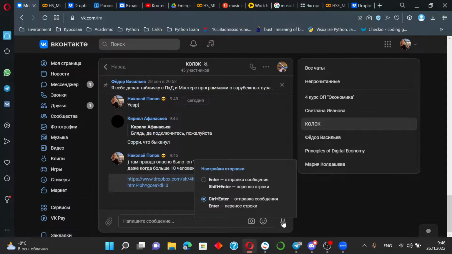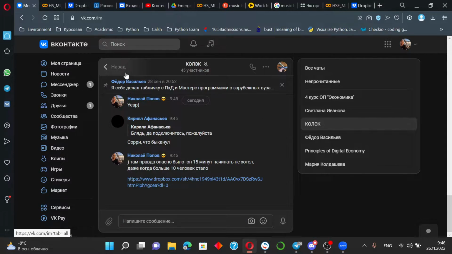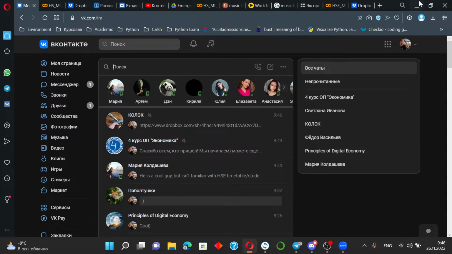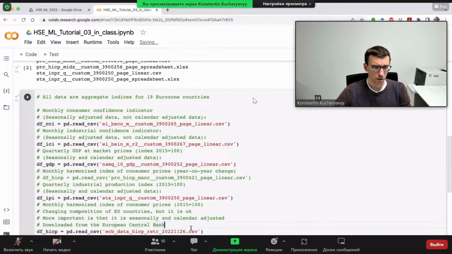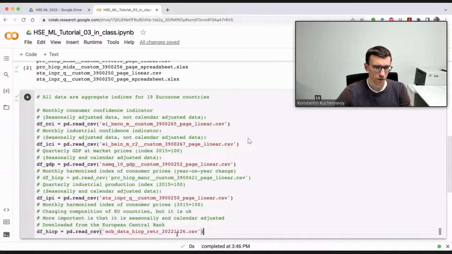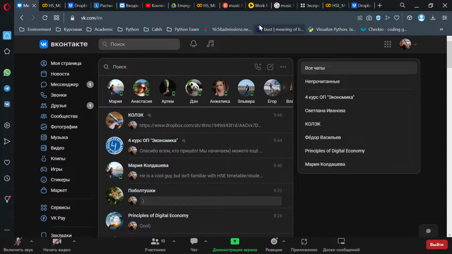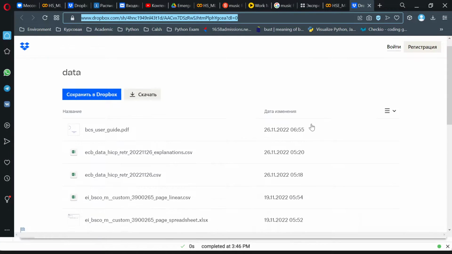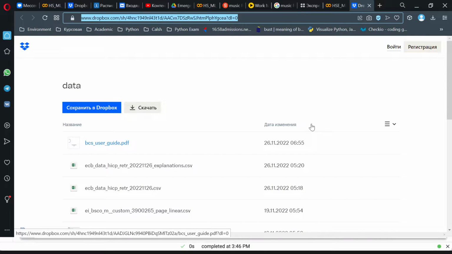Everything is downloaded from Eurostat, except for the harmonized index of consumer prices, which I downloaded from the European Central Bank, because they provide seasonally and calendar adjusted series.